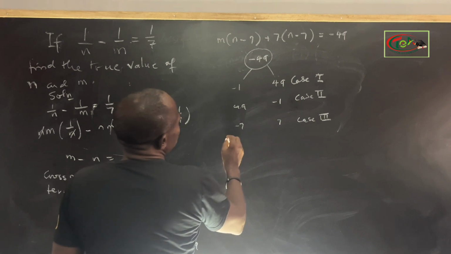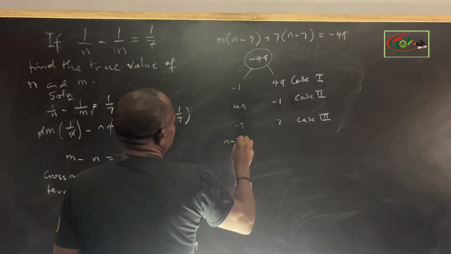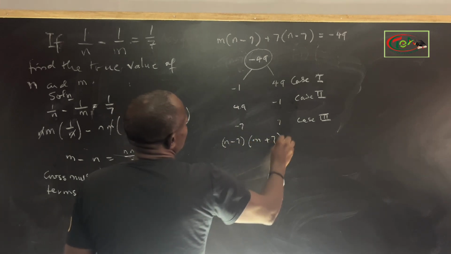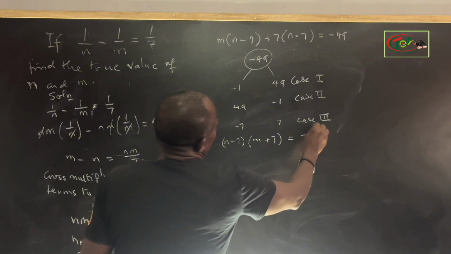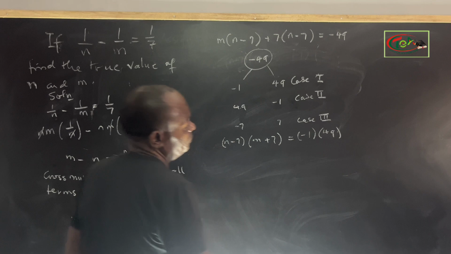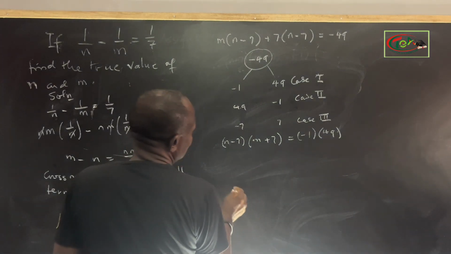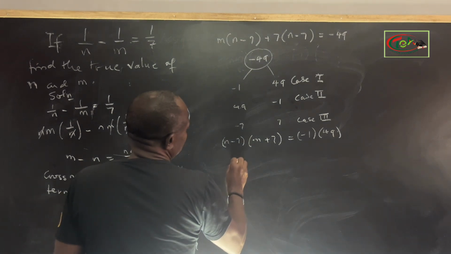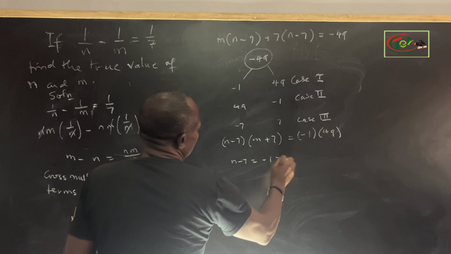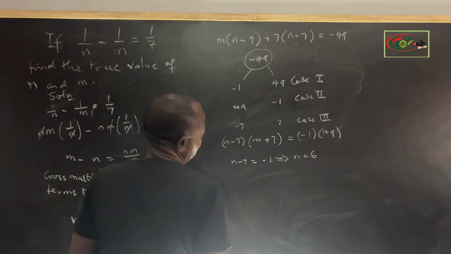So we have n minus 7 into m plus 7 is going to be minus 1 into 49. What that means is that n minus 7 is equal to minus 1, which simply means that n is equal to 6.